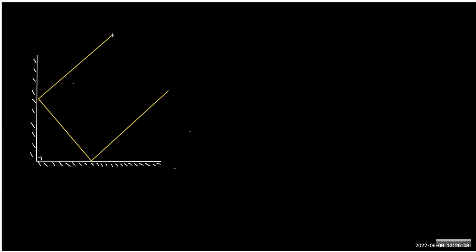If two mirrors are mutually perpendicular, then any ray coming at any angle will always reflect eventually and will go parallel to the incident light. So the total deviation suffered is how much? Can you see? The total deviation suffered is 180 degree.